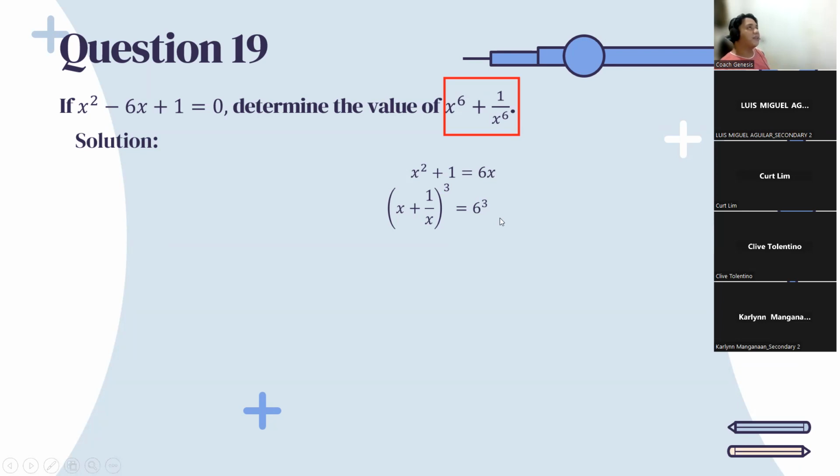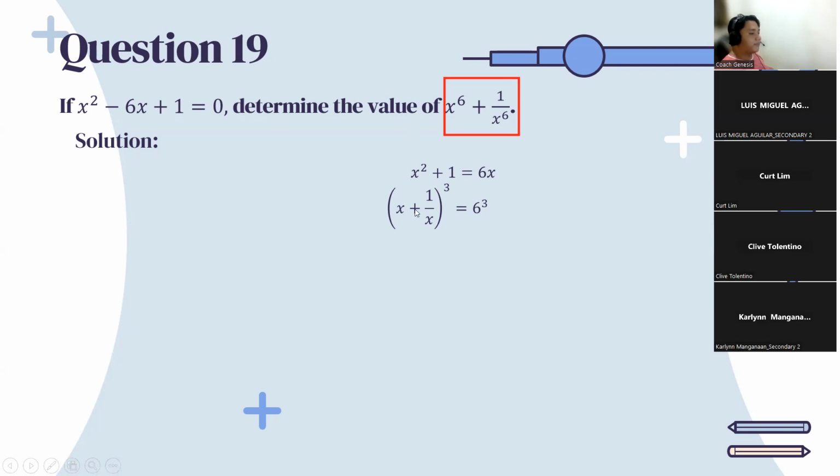Because if you have a perfect square and then you raise both sides to 3, you are prone to having extra terms with other exponents, like x raised to 4. This one is more direct.